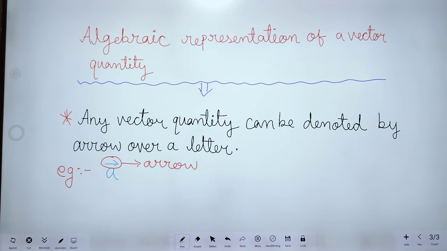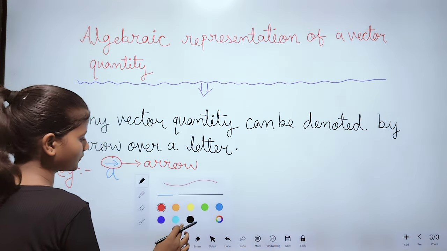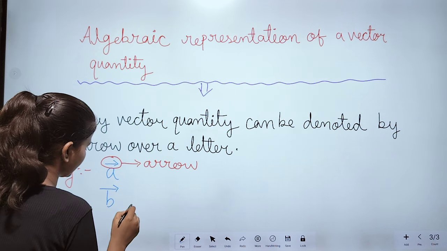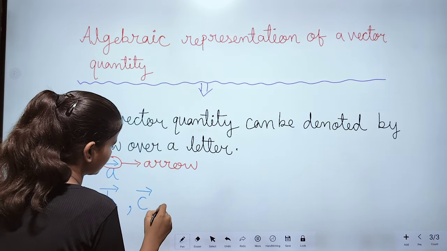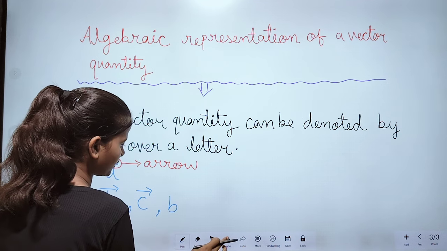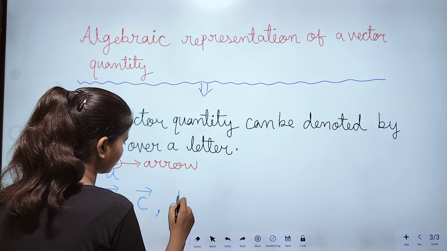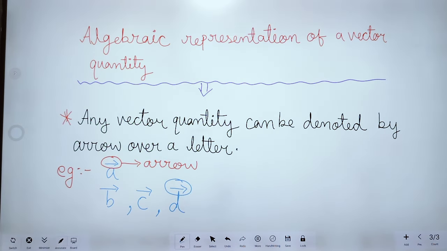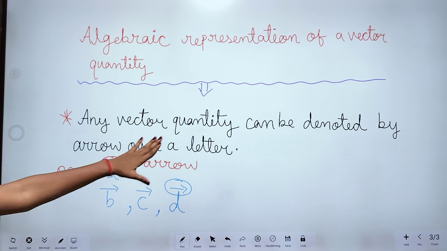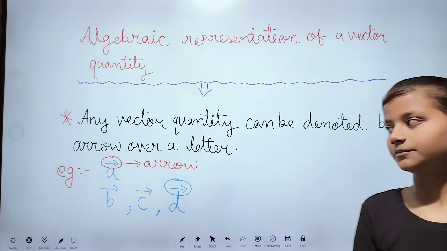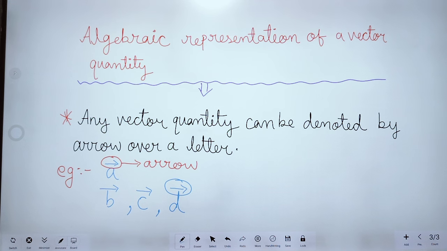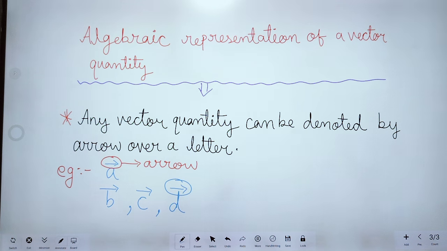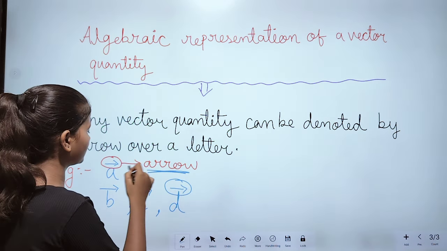Or you can also write like this: B vector, C vector, D vector. This arrow shows that this one is a vector quantity. Okay. So any vector quantity can be denoted by an arrow over a letter.